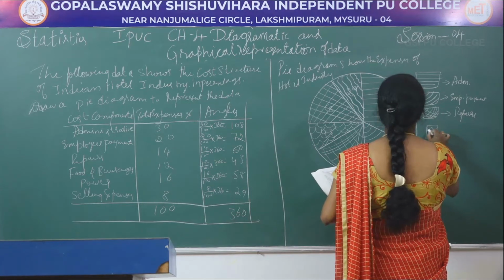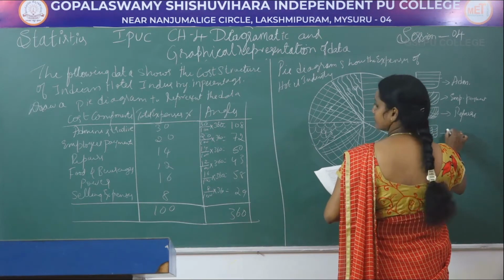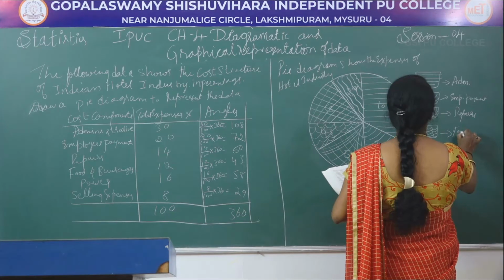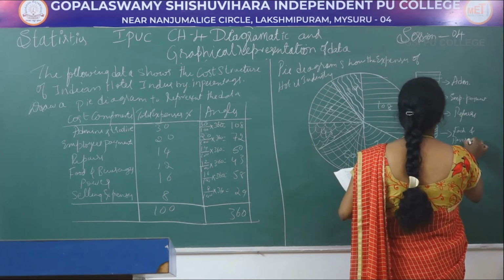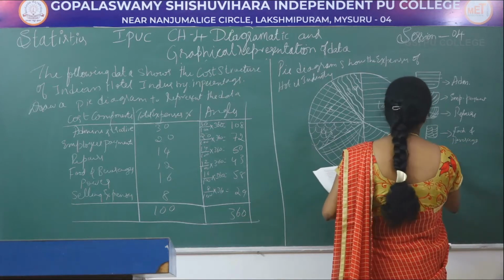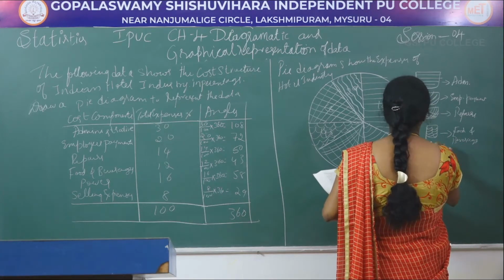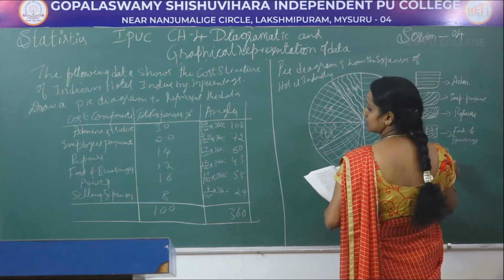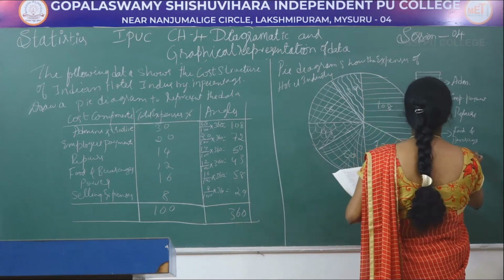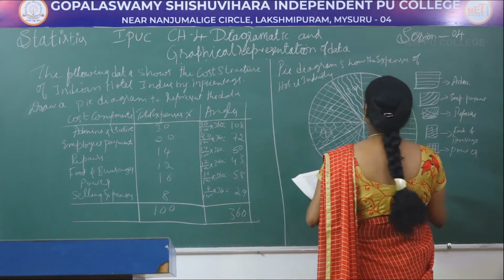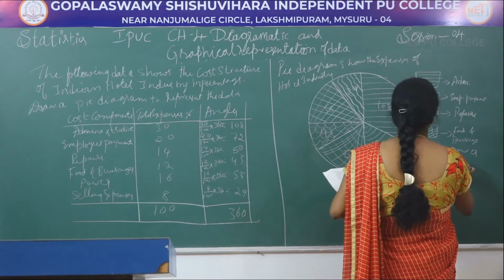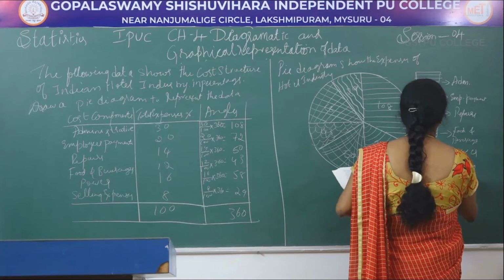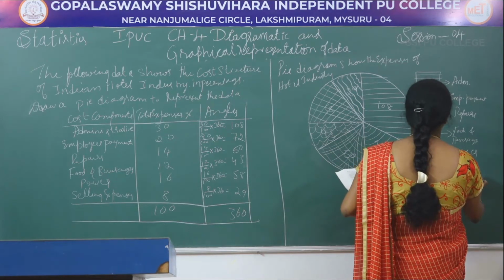Next, food and beverages. This is power. Last is selling expenses.